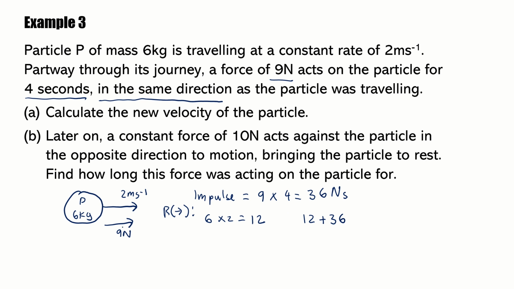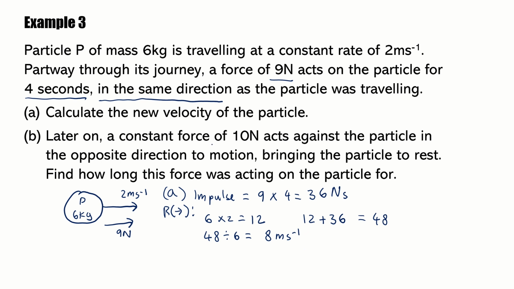The impulse is in the positive direction, so that's why I've added it on, and that gets me a new momentum of 48. The new velocity is going to be the new momentum divided by the mass. So 48 divided by 6, and that is 8. So it's 8 meters per second is the new velocity, and that is the answer to part A.